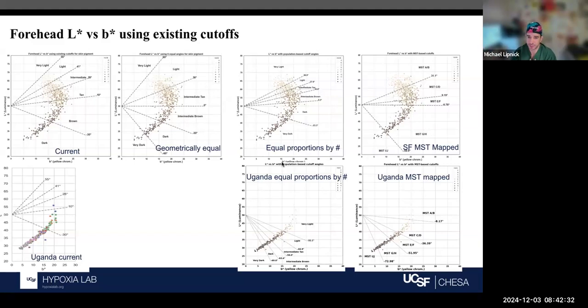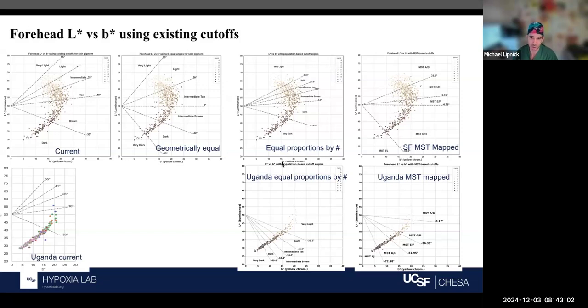The top looks very similar to the originally proposed bins that we are using from Chardon and Dr. Albino. But if we were to have more representation of darker pigments and do a similar thing, we would have quite different categories. But there are limitations in that, not the least of which is our San Francisco and Uganda cohorts are not an equal distribution of global populations of pigment. So doing this is very artificial.